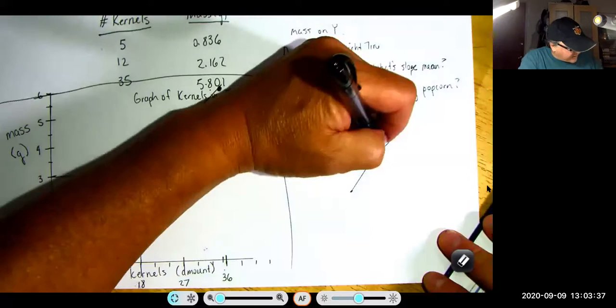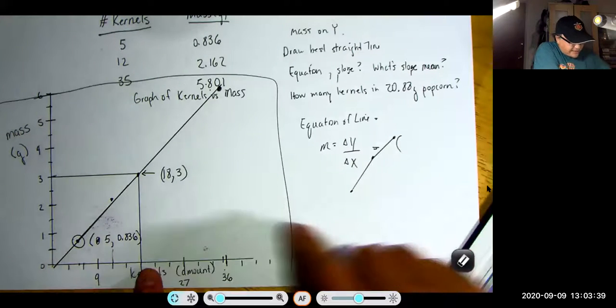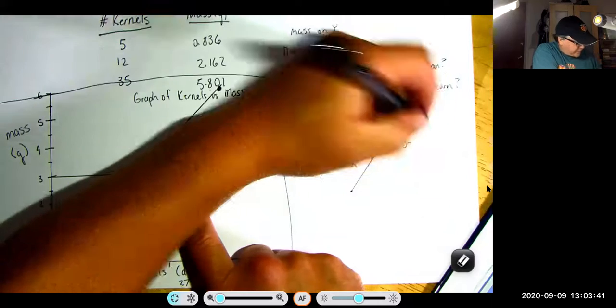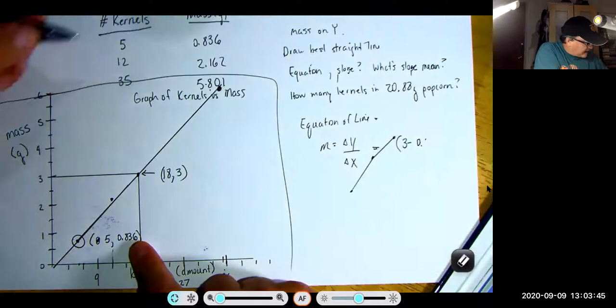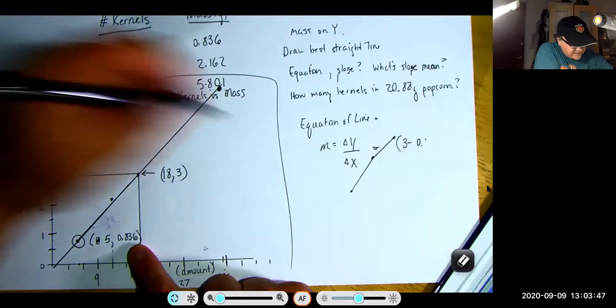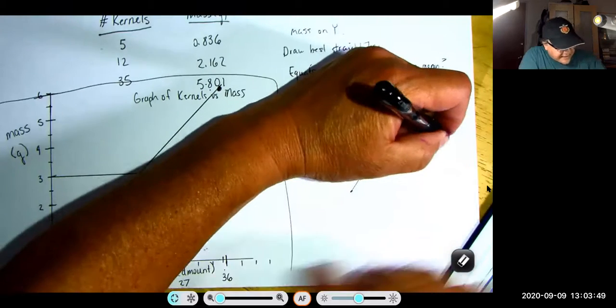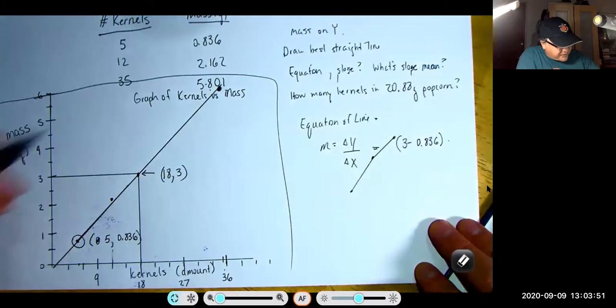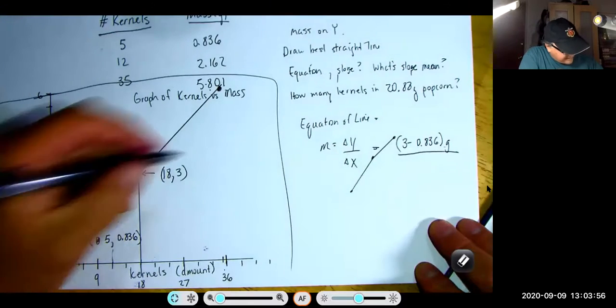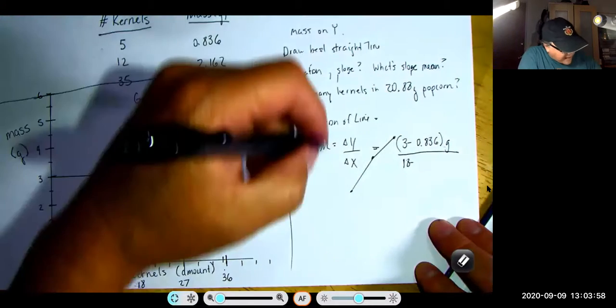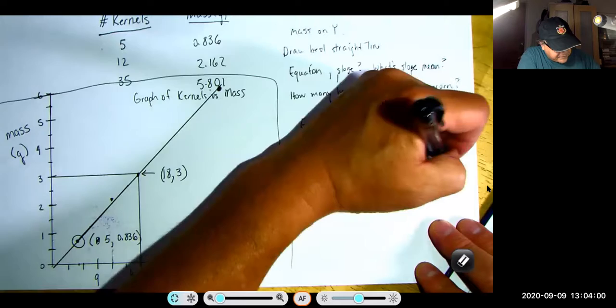So here, my change in y over change in x, I'm going to have 3 minus 0.836, and that's going to be grams. And here I'm going to have 18 minus 5, and I'm going to put kernels here.